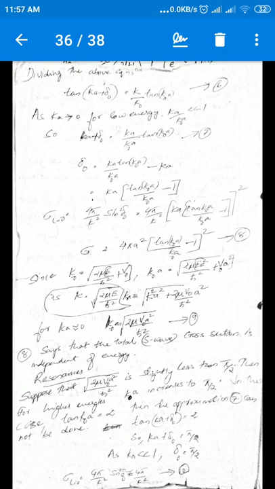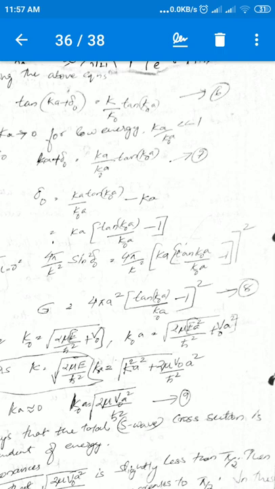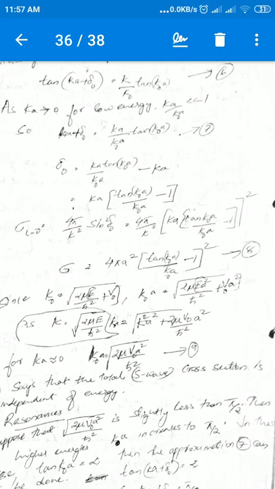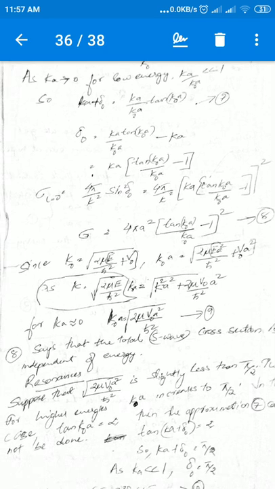Then 4πa² I took out, and k² in the denominator, and inside the bracket there is a k², so k² will get cancelled. So σ = 4πa² (tan k0a/k0a minus 1)². This is our final scattering cross section. It is the total scattering cross section, not the differential one. If it were differential we would need dσ/dΩ.